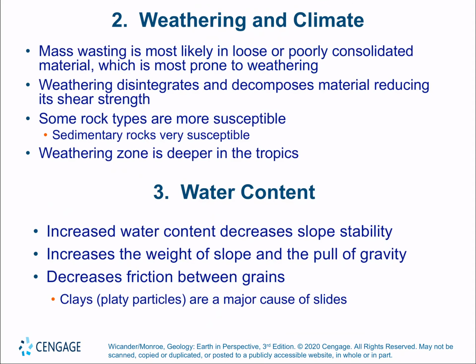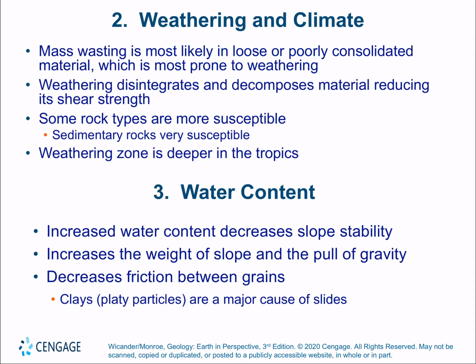Another factor we have is weather and climate. So mass wasting is going to be more likely in loose or unconsolidated, poorly consolidated material. This material is more prone to weathering because it has more surface area exposed.